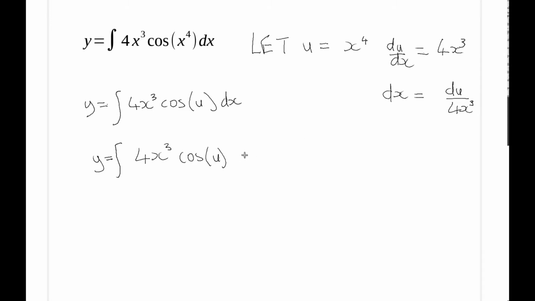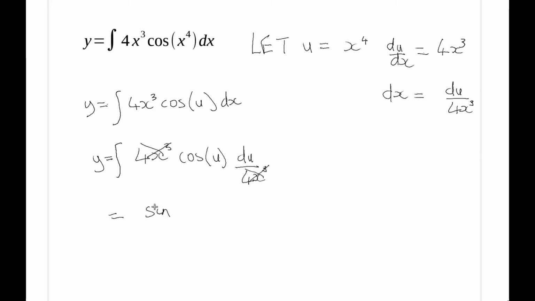So we've now got du divided by 4x^3. You look at that, we've got something that will immediately cancel with this. So we've just got the simple integral of cosine of u, which is sine u.